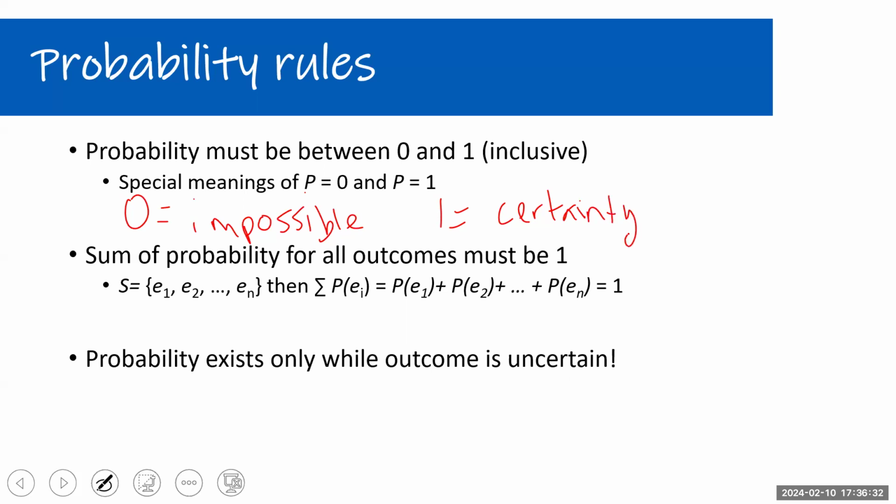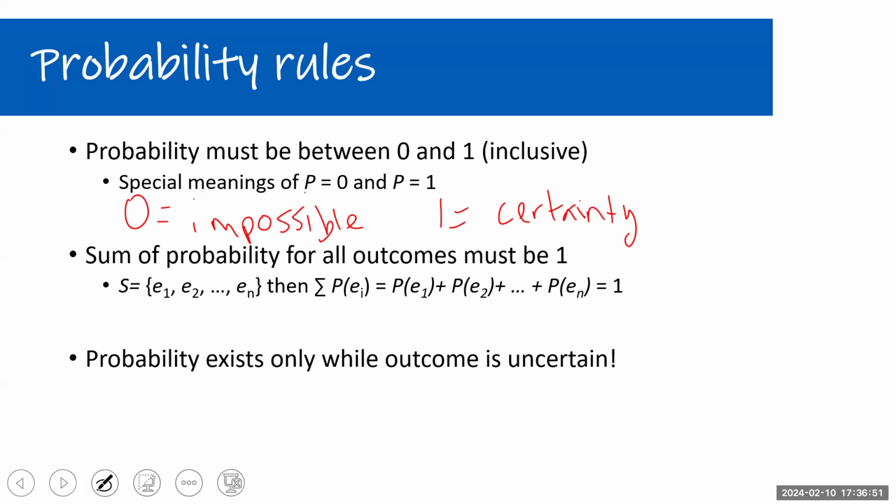So the probability that I roll an even or an odd number is going to be 1, because it's either going to be even or it's going to be odd. We also know that the sum of the probabilities for individual outcomes must be 1.